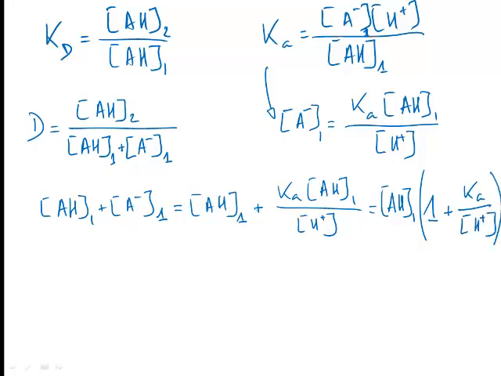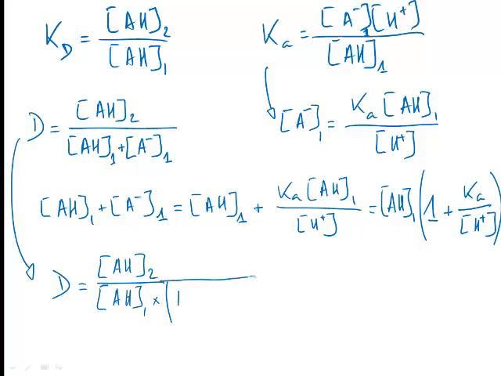So I can re-inject that here in D, and D is equal to AH2 over that sum here, and that sum now is equal to AH1 times 1 plus Ka over H plus.